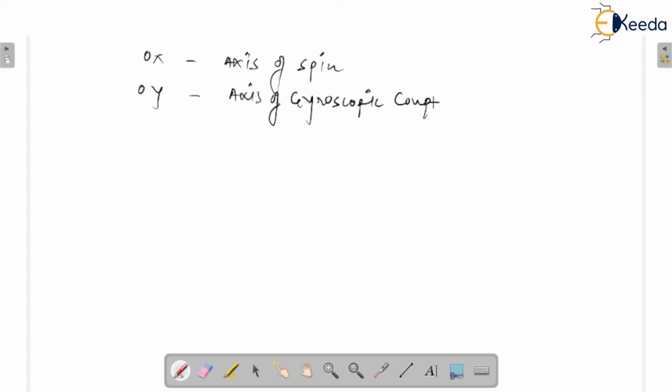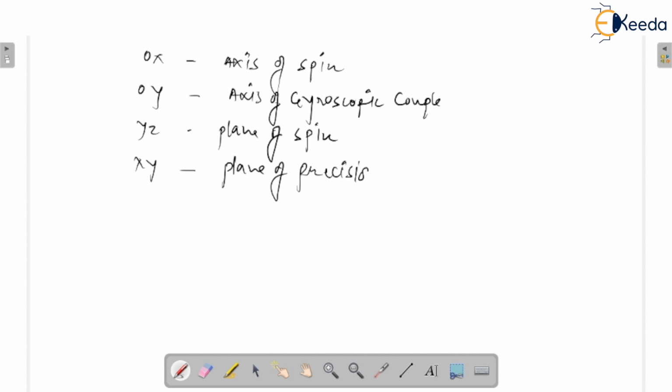So we have seen the magnitude as well as the direction of the gyroscopic couple, and YZ is basically the plane of spin. XY is basically the plane of precession. XZ is the plane of gyroscopic couple.